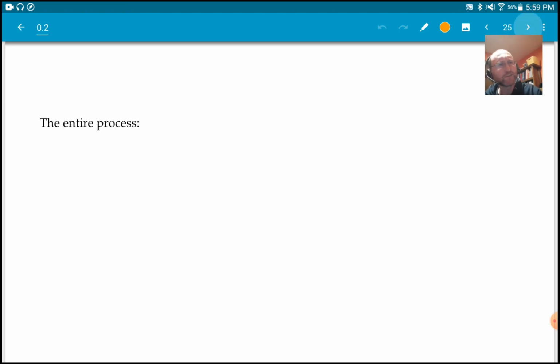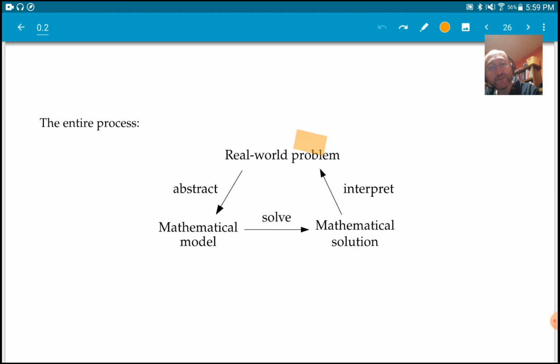So the entire process of what we're doing is we start with a real-world problem. You work at NASA, Boeing, or anywhere else. So then you get a problem, right? Your boss assigns you a problem that you need to solve. You need to figure out how much fuel the rocket needs.